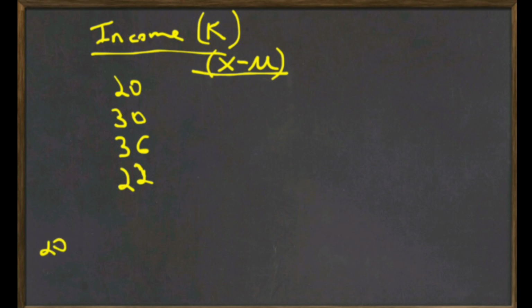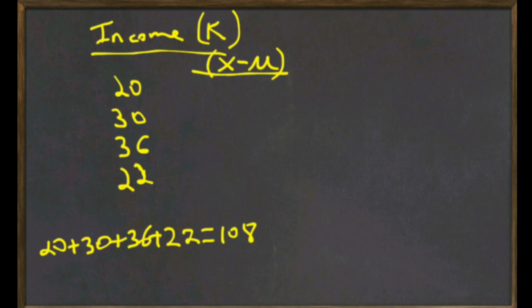So 20 plus 30 plus 36 plus 22 is, let's see, 108. Is that true? That's what I'm going to go with.